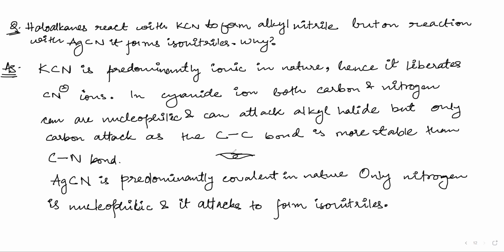In carbon-carbon, there will be the very same orbitals, and if both have the same kind of orbitals, the overlapping will be more efficient. We have learned these terms in 11th standard, so directly write that the C-C bond is more stable than the C-N bond. Okay, done.